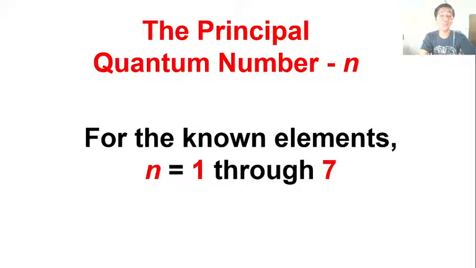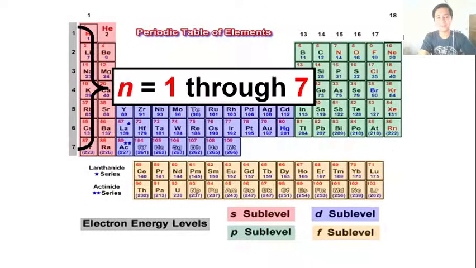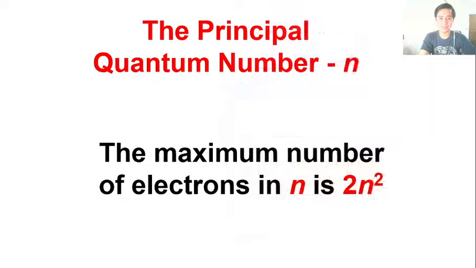For the known elements in the periodic table, n is equal to 1 through 7. So you will see here 1, 2, 3, 4, 5, 6, 7. These represent the principal quantum number, so that means this is energy level 1, 2, 3, 4, 5, 6, and 7.